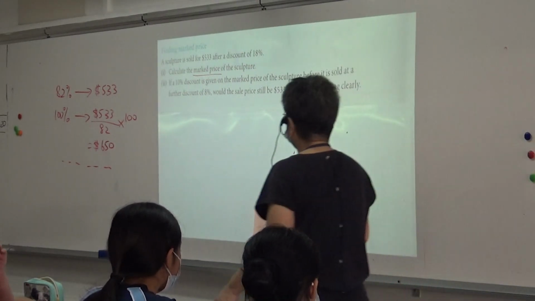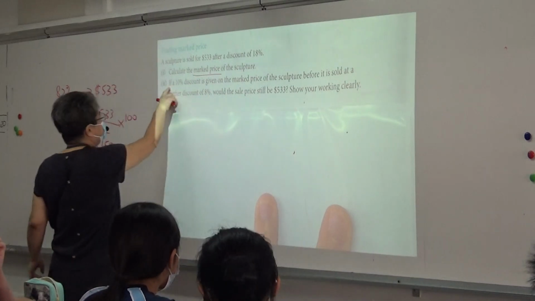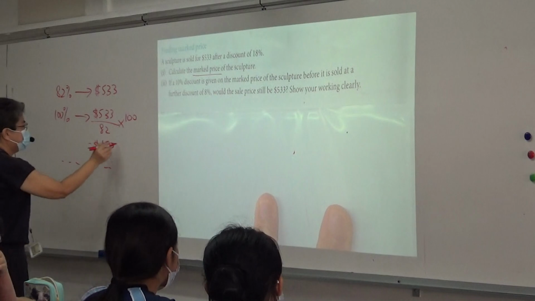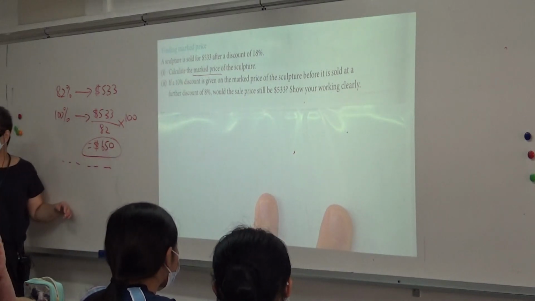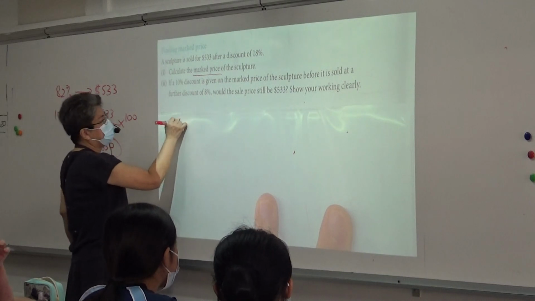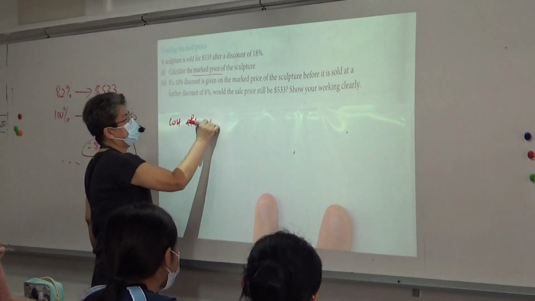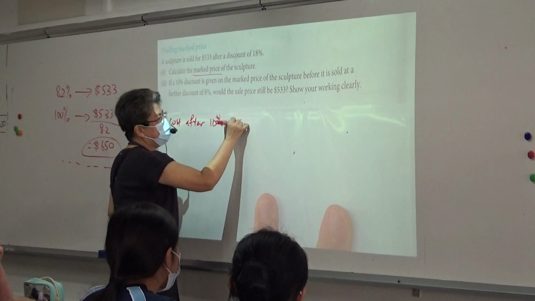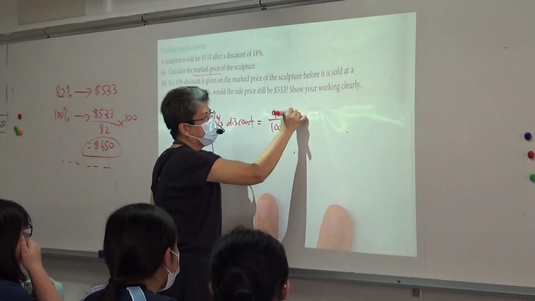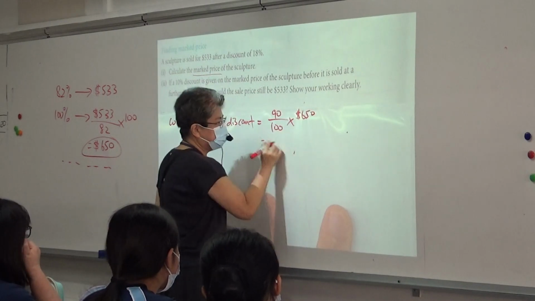Now all of you look up here. If 10% discount is given on the mark price of the structure, remember just now I found out mark price is how much? 650. So cost after 10% discount will be 90% times 650.